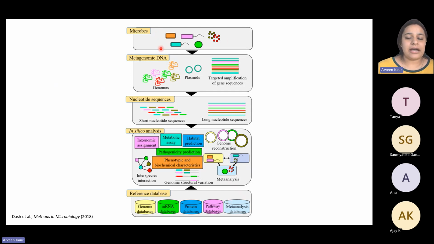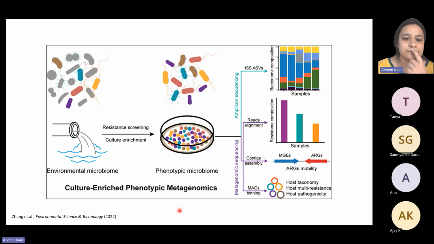In metagenomics, what is done basically is that microbes in the environment are collected and sequenced, right? The metagenomic DNA is isolated, amplified, then sequenced and analyzed, and then studied with reference to other databases that are already available to us, right?